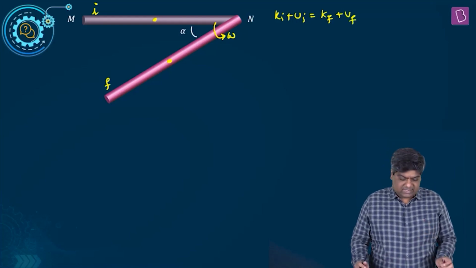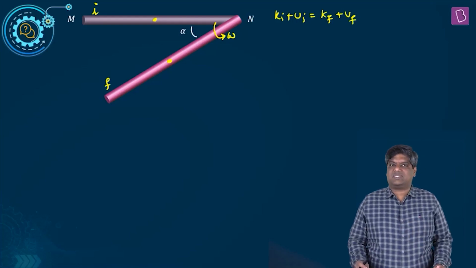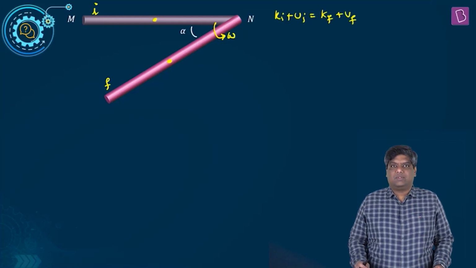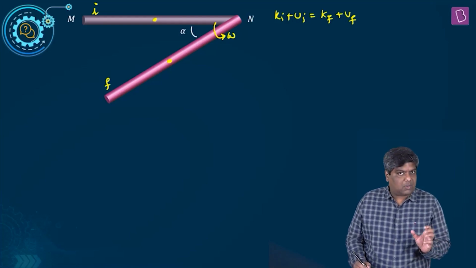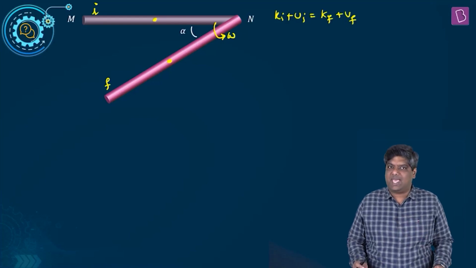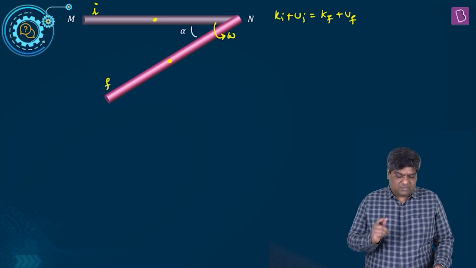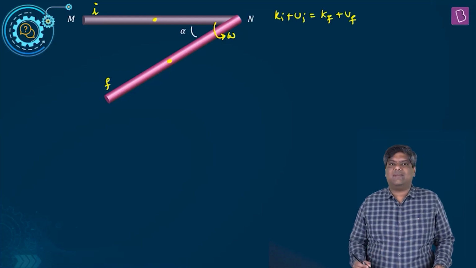Now you might ask about the fact that there will be some external forces at the hinge, the point of pivot, that is point N. Though there are external forces at point N, we are looking at a pure rotational motion of the rod, that is rotation about the axis passing through N. These external forces will not have torque because we are calculating the torque with respect to the point N. These forces are passing through N and hence will not have any torque.